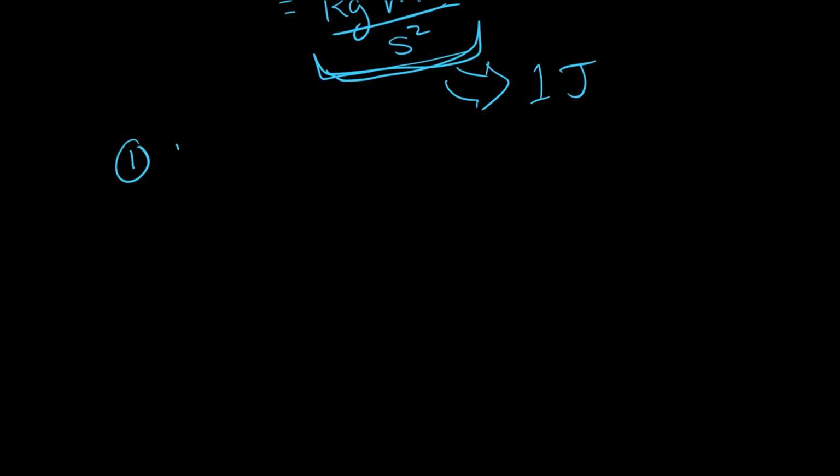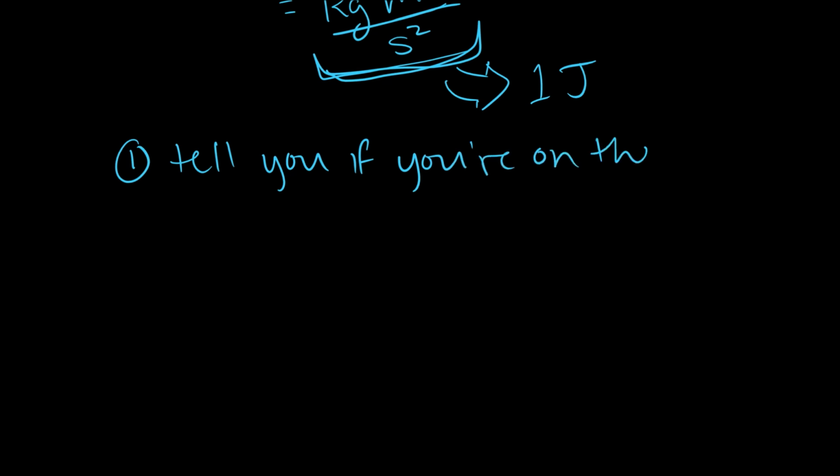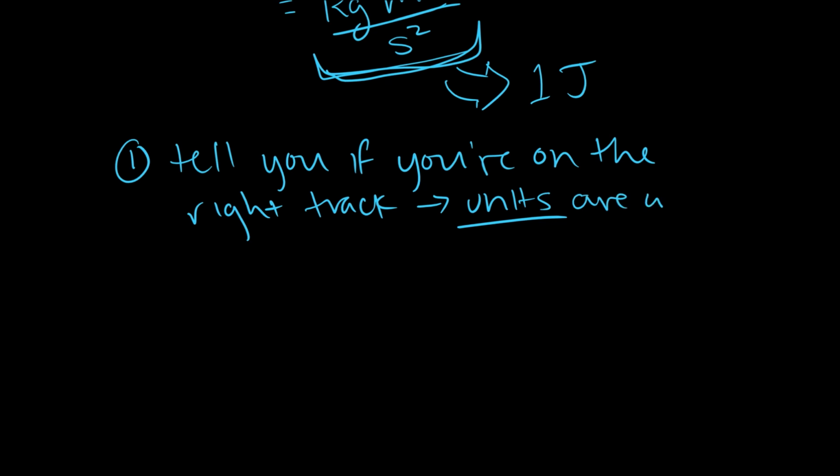One, it will tell you if you're on the right track. It'll tell you if your units are what you're looking for. So you can check before you actually do the problem and plug your numbers into your calculator. You can check if you're actually getting the units you're looking for.